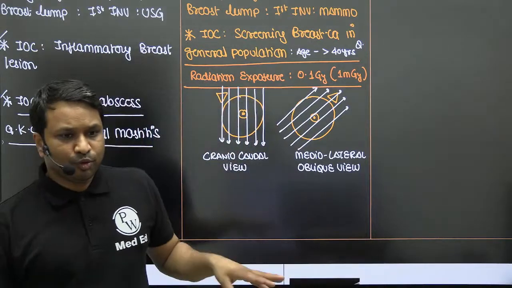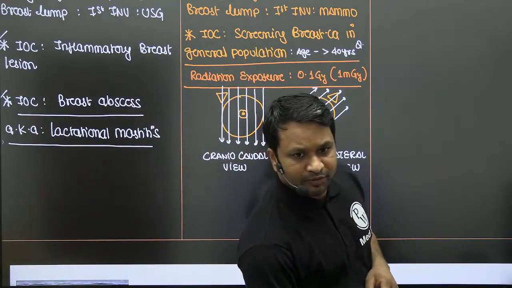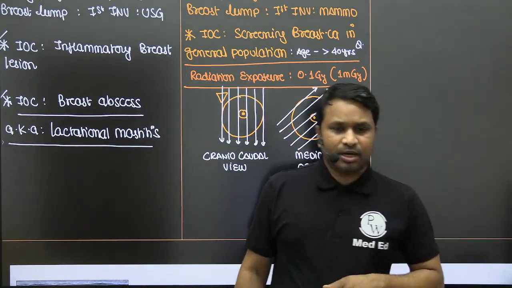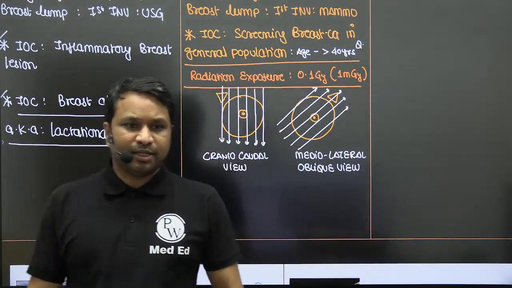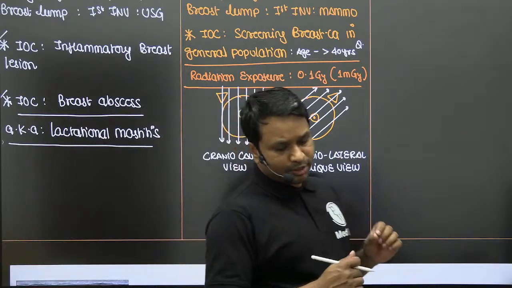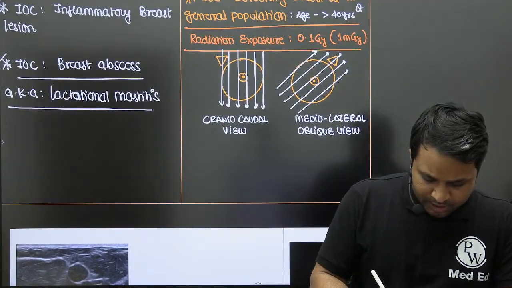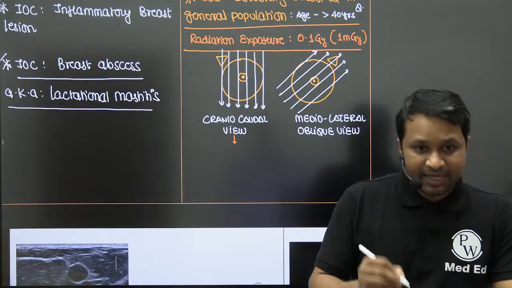So we have two views. One is going to be a craniocaudal view. Another one is going to be a mediolateral oblique view. The advantage of the craniocaudal view is that whenever I am using it, I can see the breast compression.